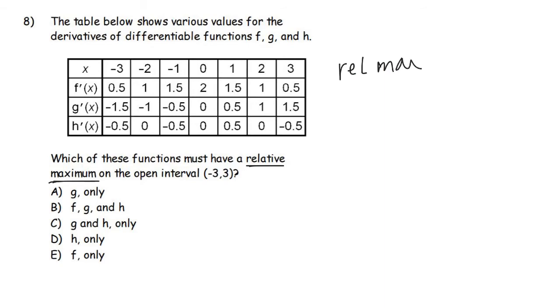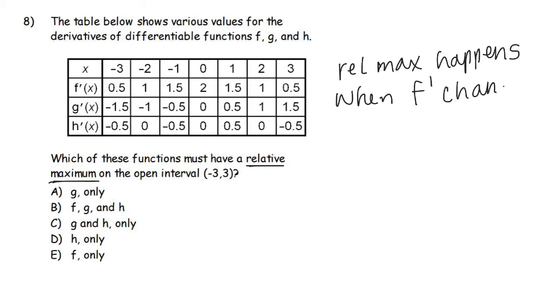Relative max happens when, let's see, my derivative, relative max happens when f prime, or g prime, or h prime in this case, changes from positive to negative.